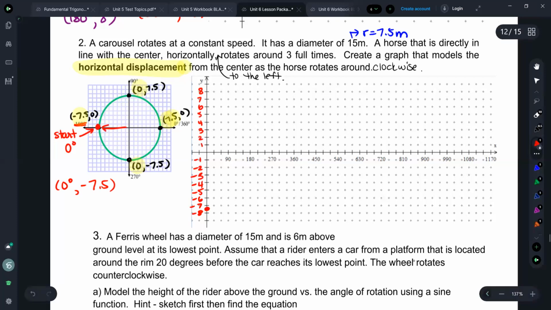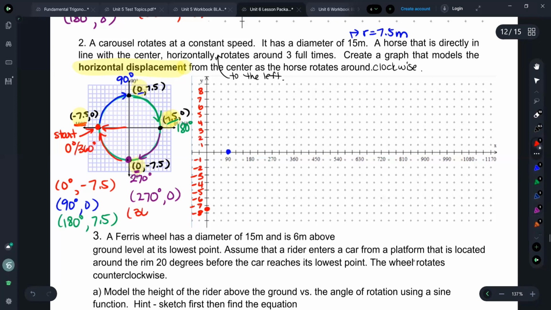It's going clockwise. 90, 0. Okay, yep, this will be 90 and then 0. Okay, next location. Okay, so just looking at all the X locations as we go around here.